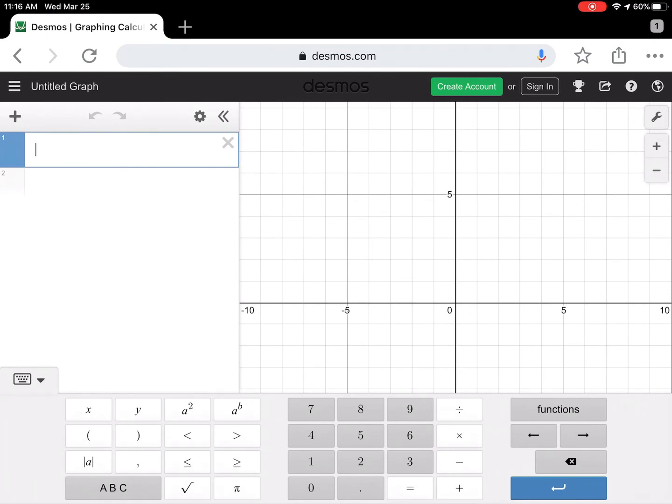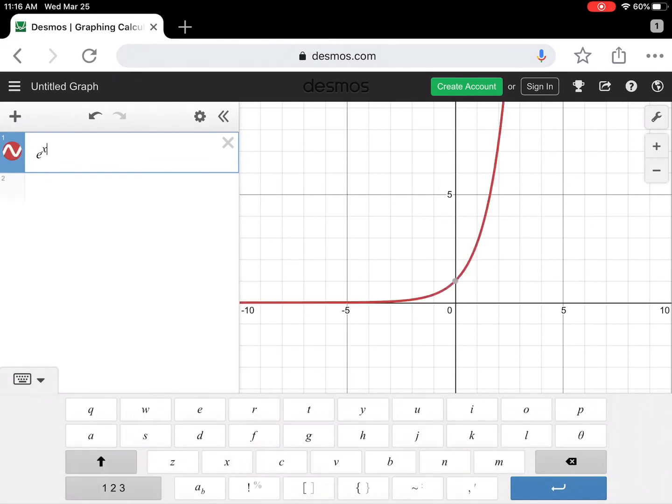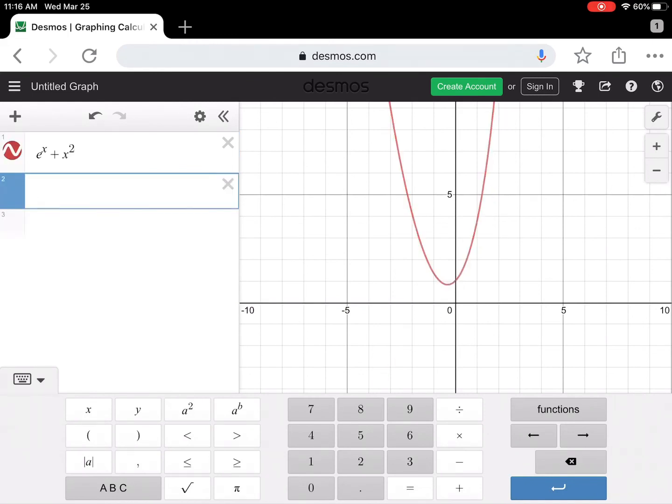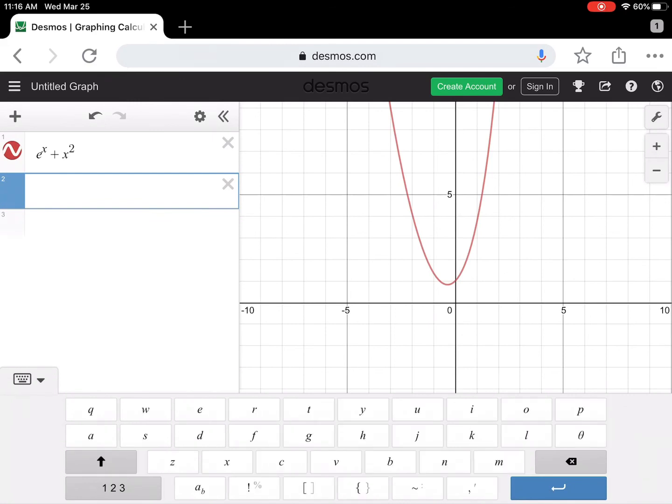So we have e to the x, I'm sorry, that's squared. I want x. There we go. And then it's going to be plus x squared. And then the second one is going to be e to the x. Can't find the e. There it is.